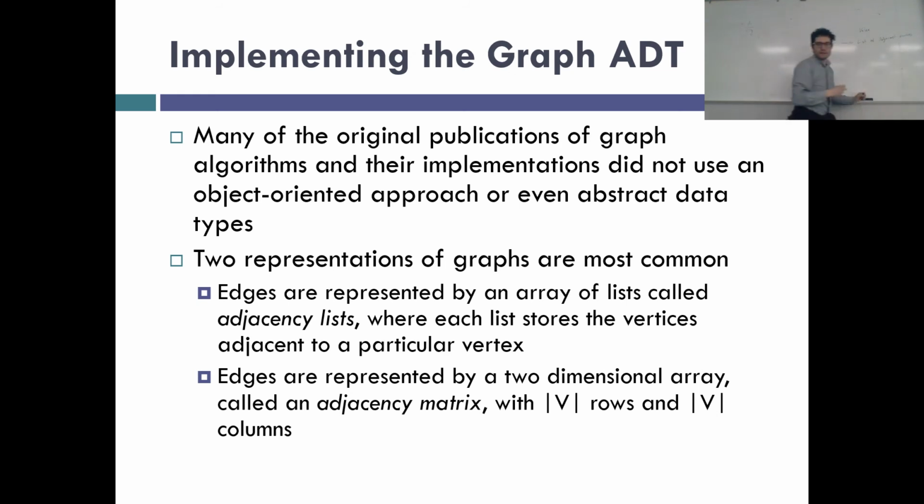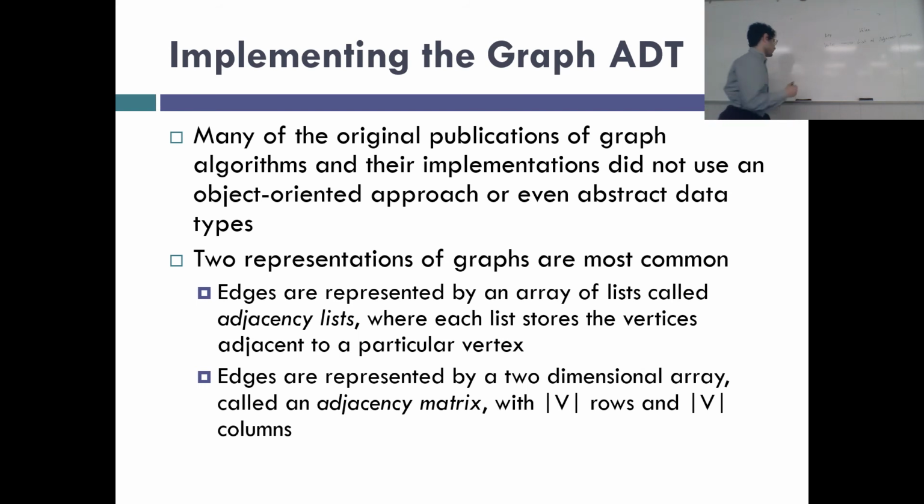So in other words, for this vertex, I can get to all these other vertices. From here, I can get to here. That's an adjacency list. It's a list for each.